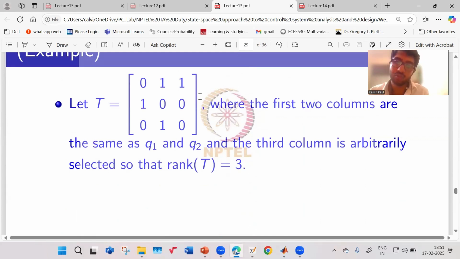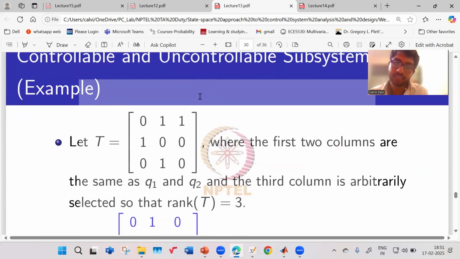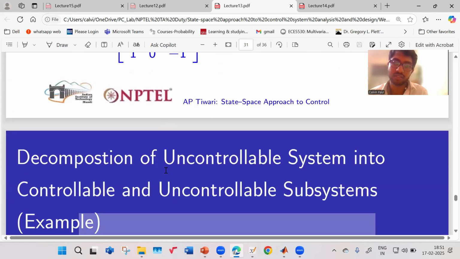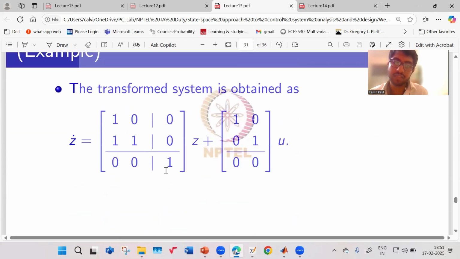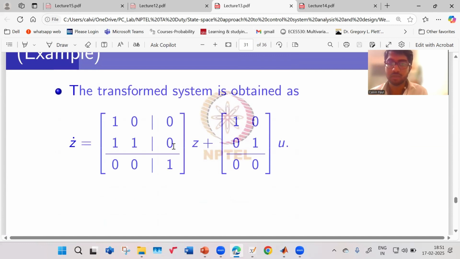Okay, they're adding their own row. And once they add that row, they're doing the transformation. They're finding the inverse matrix and they're finding the transformed system. Okay, and that transformed system is made into two systems. One system is the controllable part, another system is the uncontrollable part.